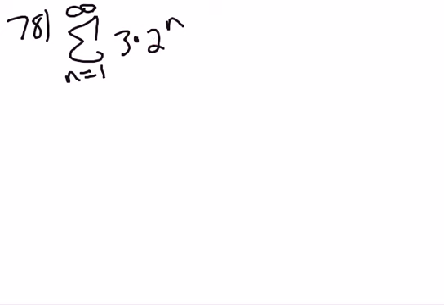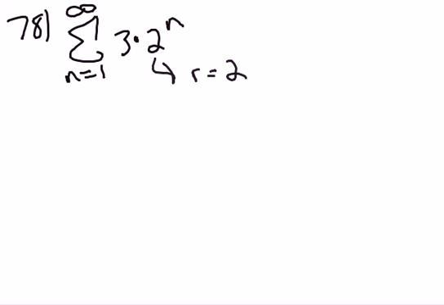So 78 says the infinite sum or series, starting at 1, going to infinity, 3 times 2 to the n. Okay. So this is geometric, and you can tell because you have this multiplication here and you're raising a number to something that's changing. So this is actually my r value.